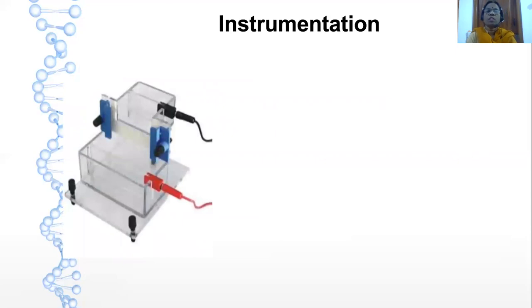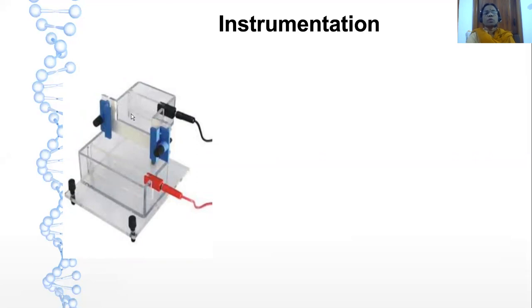The instrumentation we are going to use here, the first one, is the vertical system, which has two tanks, one small tank on the top and one bigger tank at the bottom. These two tanks are interconnected by a thin film, which we use for the casting of gel between the two glass plates.